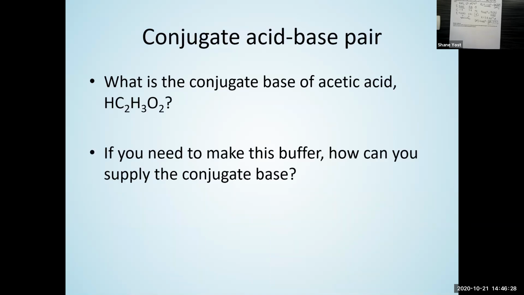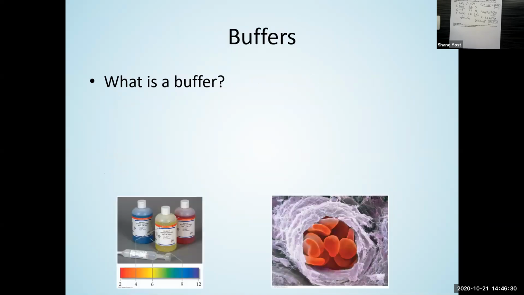So if I wanted to make a buffer solution, I forgot to mention, that's the definition of a buffer solution. And we were told how you can make a buffer solution by adding a weak acid with a strong base or a strong base with a weak acid.